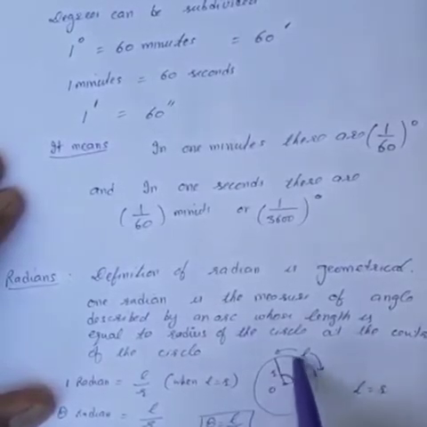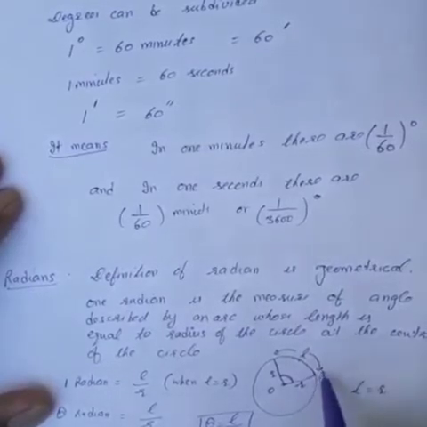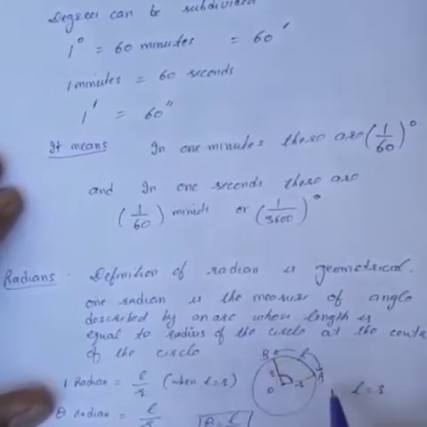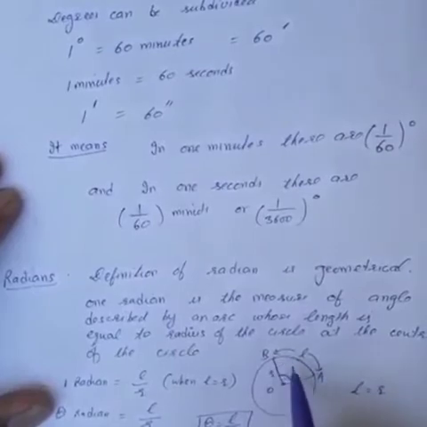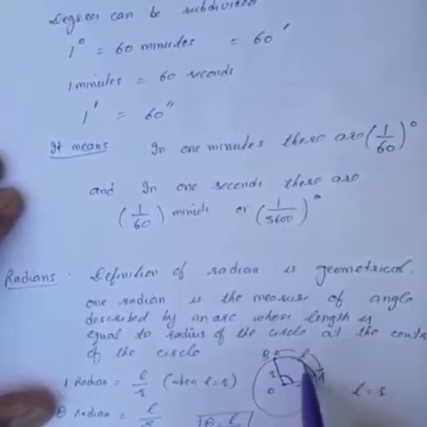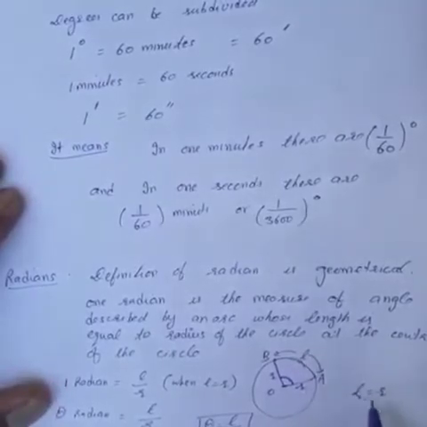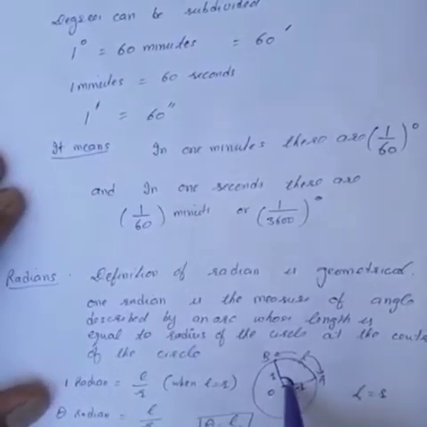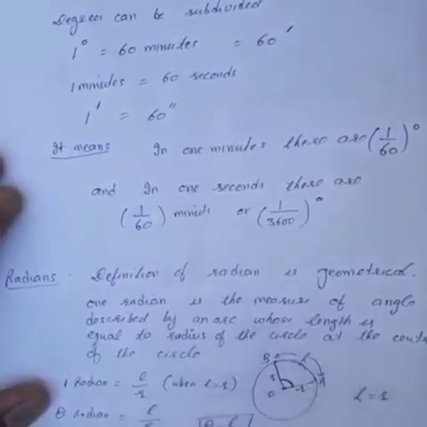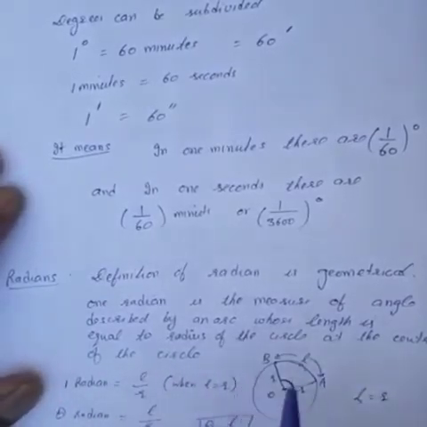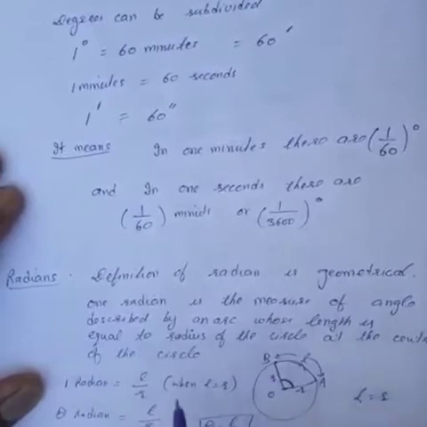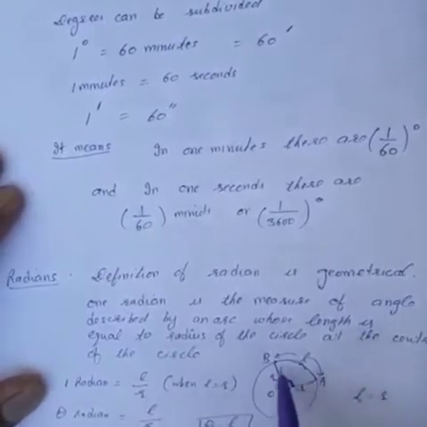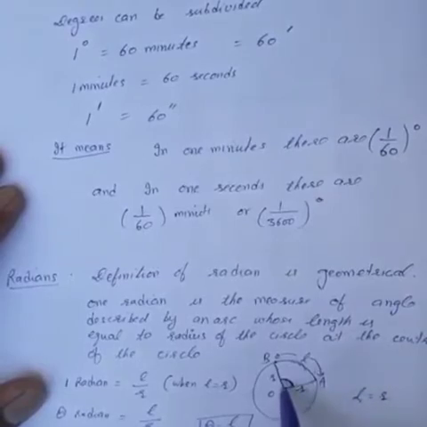Now an arc, let us label it, this is A and this is B. Arc AB is subtending some angle, and the length of the arc is L. When L is equal to R, then this angle will be 1 radian. So 1 radian is the measure of an angle at the center described by an arc whose length is equal to the radius.